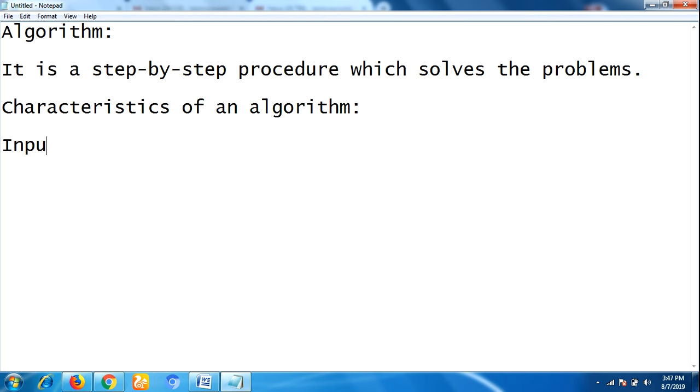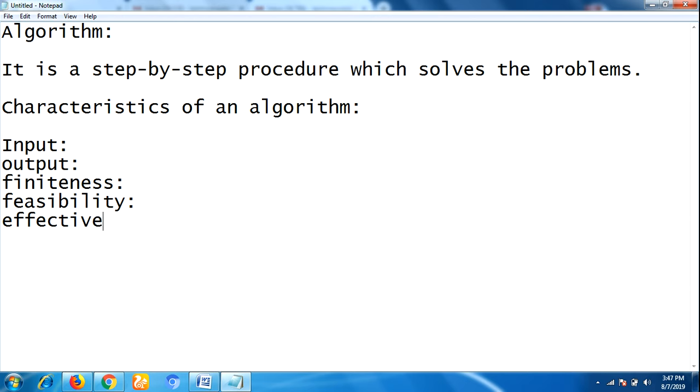The first is input and output, then finiteness, feasibility, and effectiveness. These are the main characteristics of an algorithm.